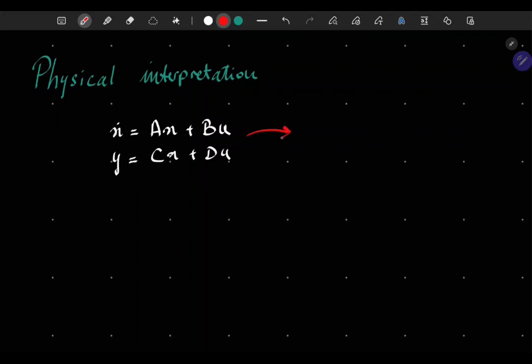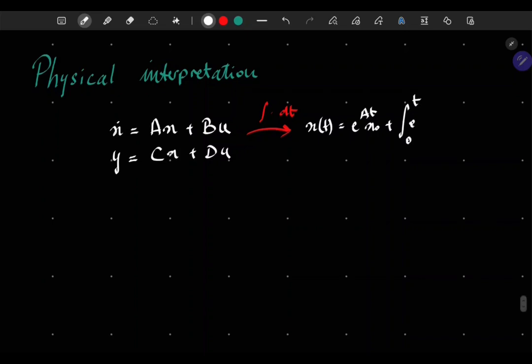And we have seen that we can integrate this formulation in time to obtain an explicit representation for our system, where x of t is the free evolution plus the convolution integral from 0 to t of e to the A (t minus tau) B u of tau, and y is C times x plus D times u.